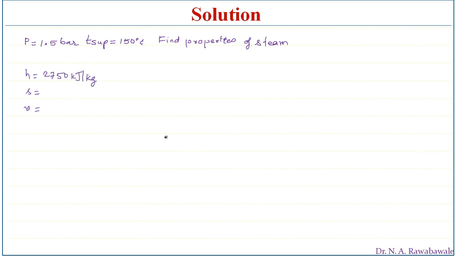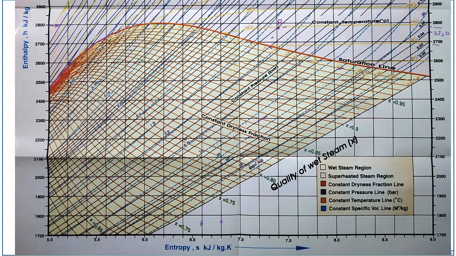Now if we want to find the entropy of steam, corresponding to point P, we come along this vertical line and mark the point here. The values are 7.0, 7.1, 7.2, 7.3, 7.4, 7.5.